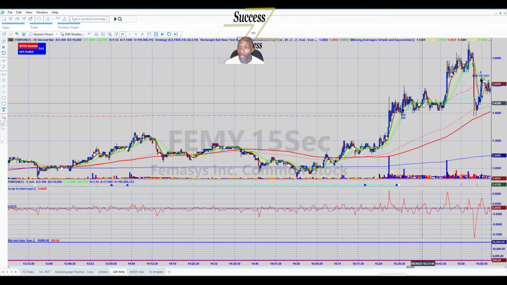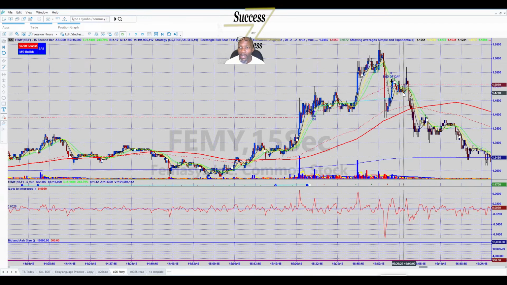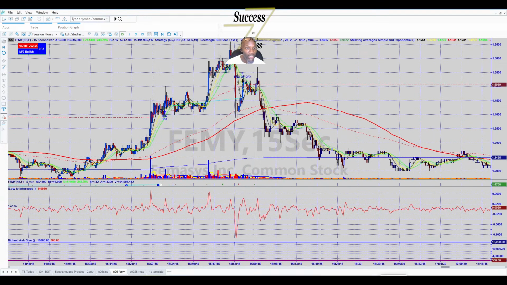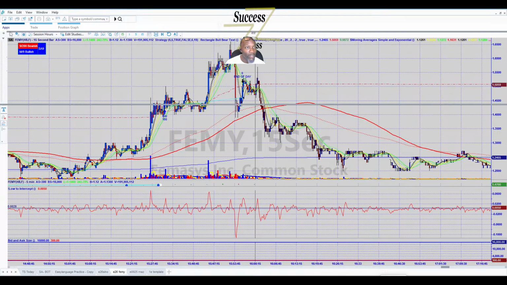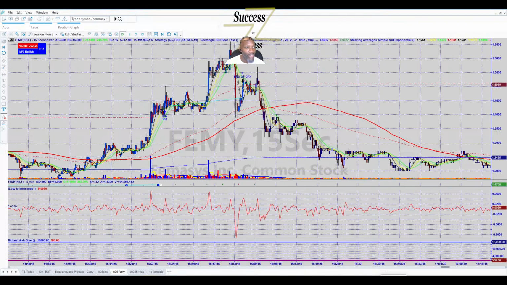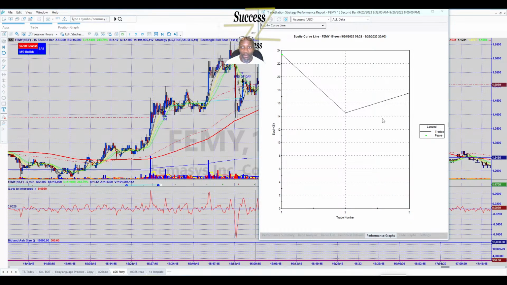It would have bought here, would have gotten out in the day here. So just curious, without doing any other modification to the strategy, what the strategy optimization report would have looked like. Okay, it would have made 3 trades. The first one was good, the second one was no bueno, but that was that flush, and the third one was good.